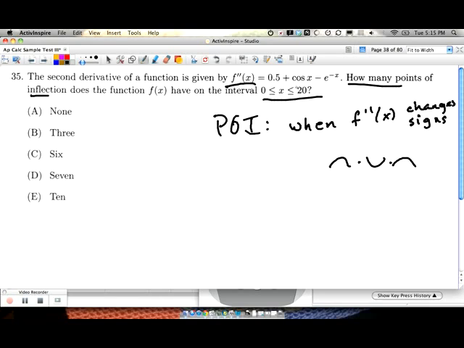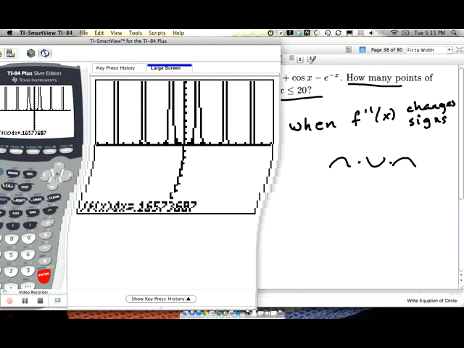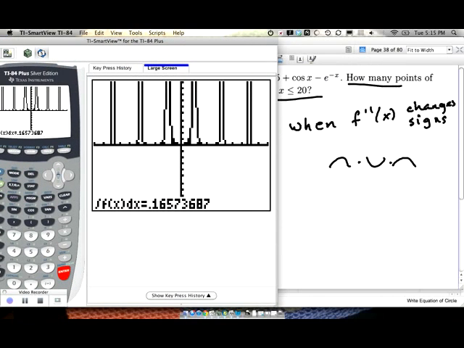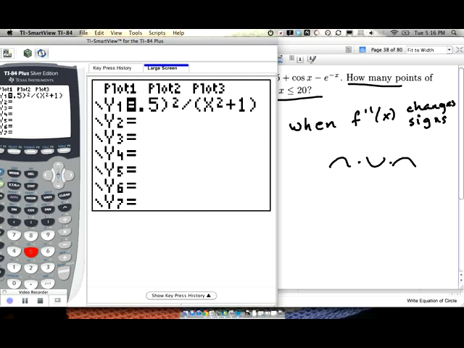So let's look at this function over this interval. We're going to type this one in. So the function is y equals 0.5 plus cosine x minus e to the negative x.